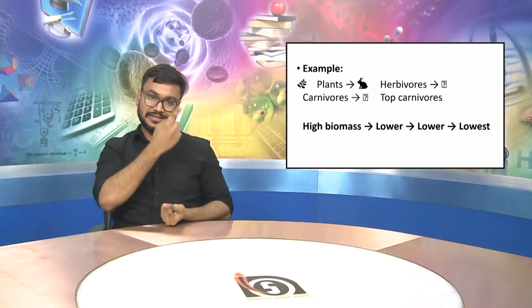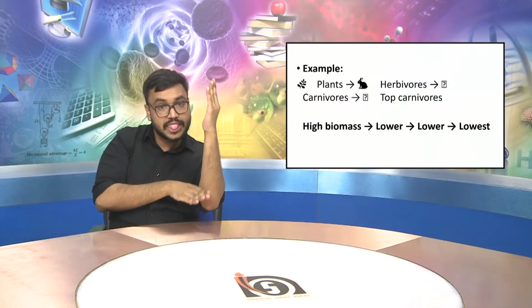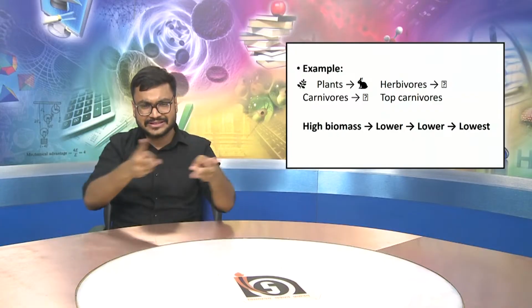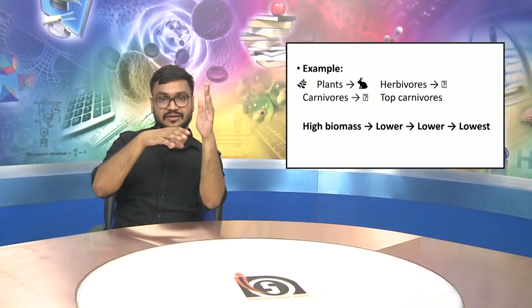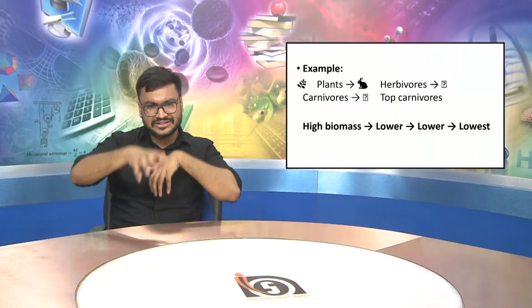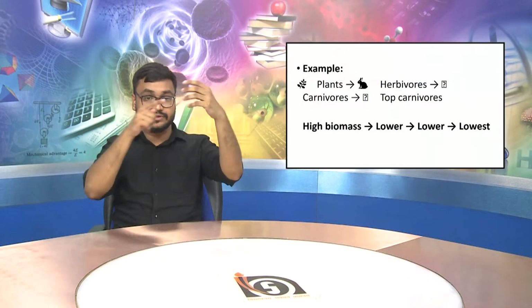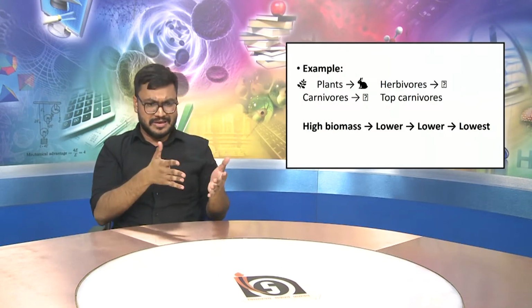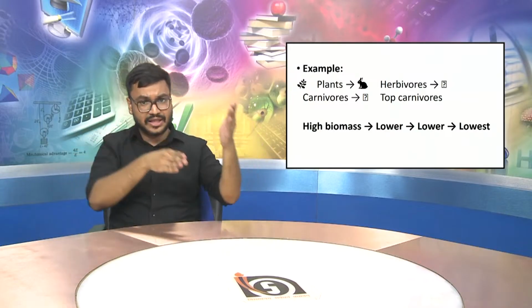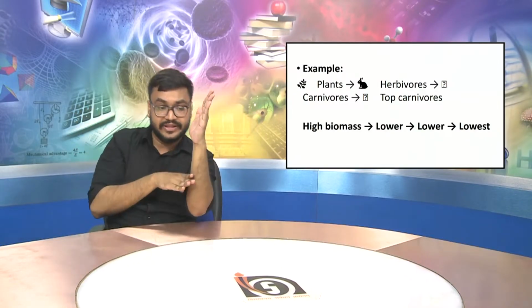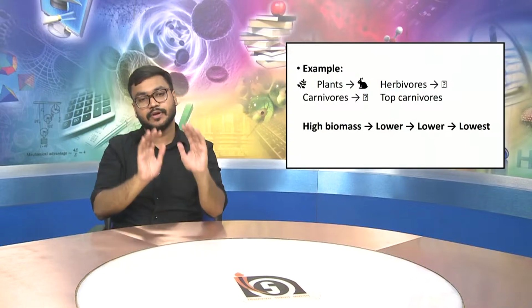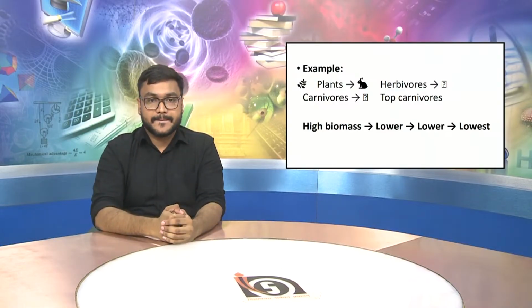For example, first come plants, then herbivorous and then carnivorous, and after that top carnivorous. If we look at biomass, plants have high biomass and then it decreases.